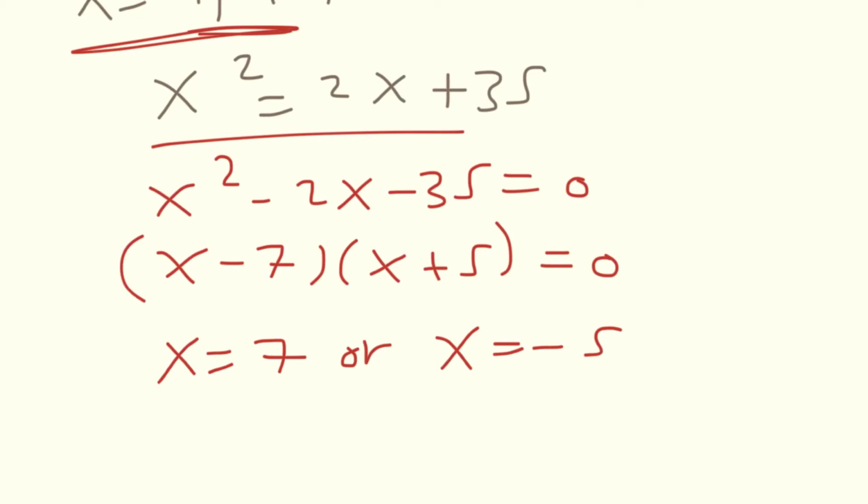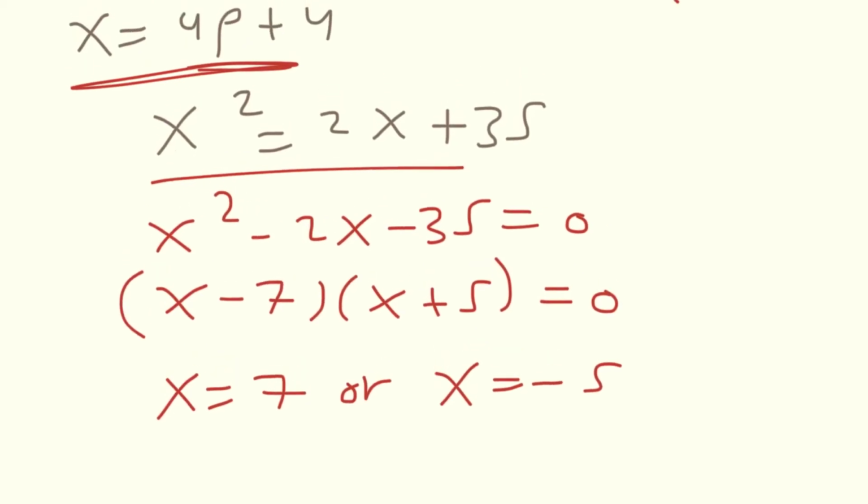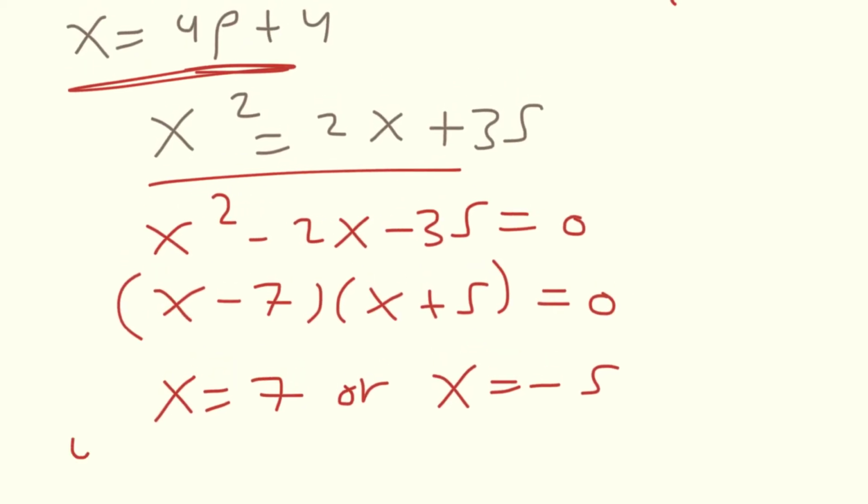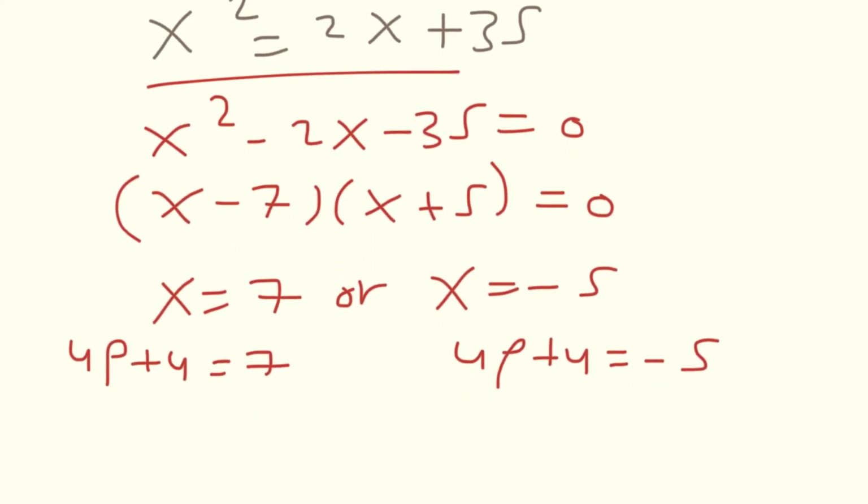Now take this back to the p. Which means 4p plus 4 equal to 7, or 4p plus 4 equal to minus 5. From here I can solve for p: 4p equal to 3, and here 4p equal to minus 9.